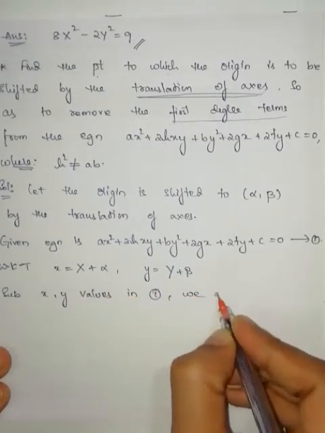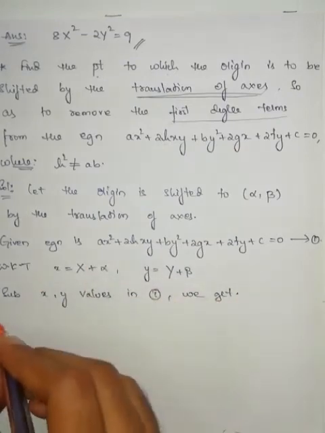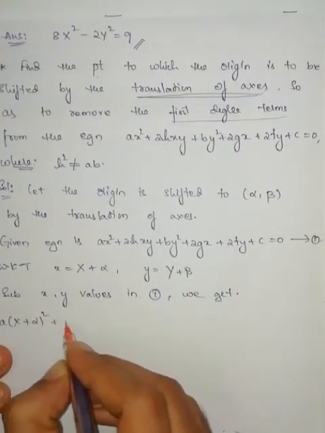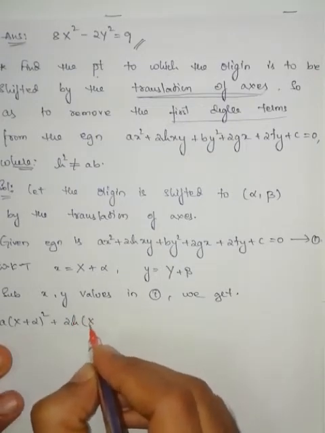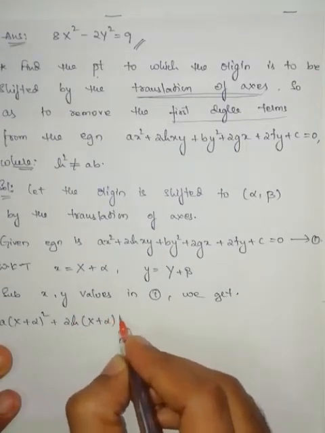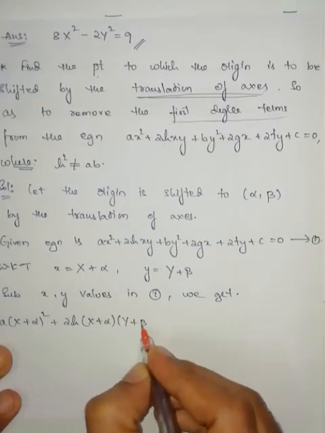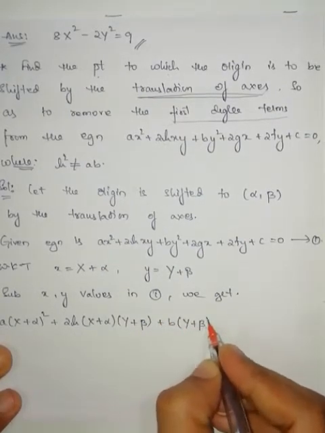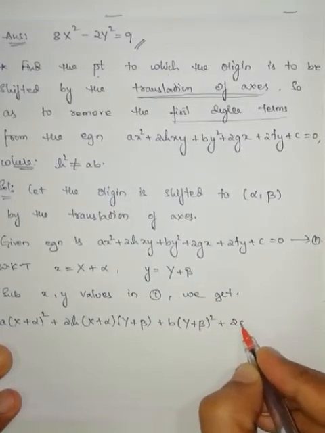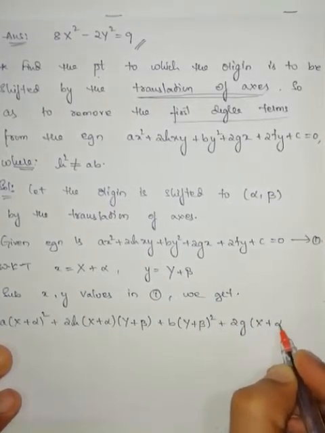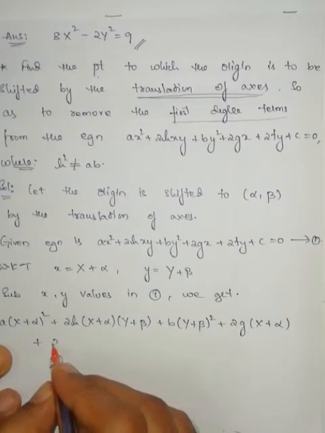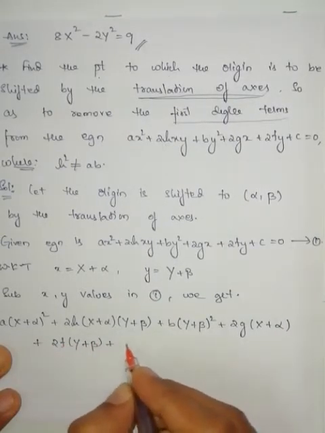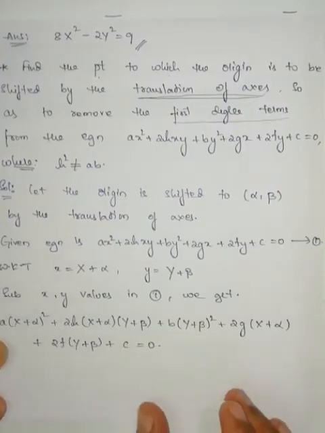We get a into (capital X plus alpha) whole square plus 2h into (capital X plus alpha) into (capital Y plus beta) plus b into (capital Y plus beta) whole square plus 2g into (capital X plus alpha) plus 2f into (capital Y plus beta) plus c is equal to 0.